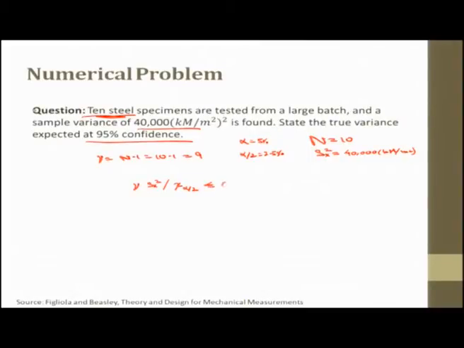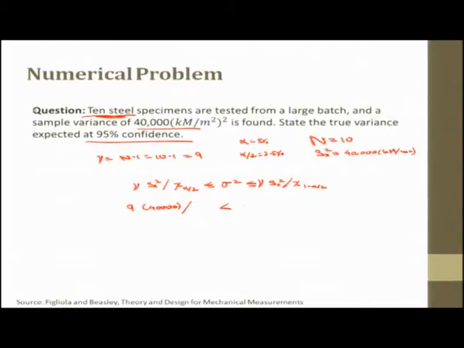is less than or equal to sigma square, which is less than or equal to degrees of freedom into variance for the sample divided by chi-square value for 1 minus alpha by 2. Okay, I can just put the values directly here. It is 9 into 40,000 divided by chi-square value.